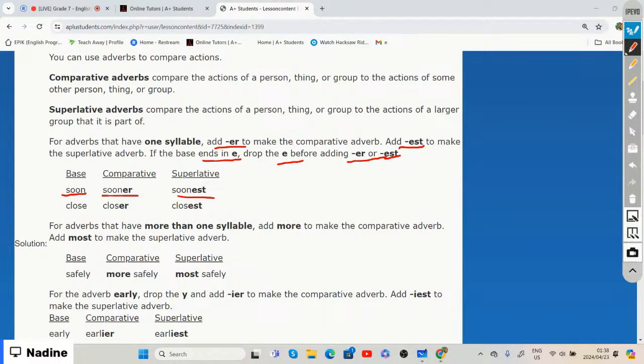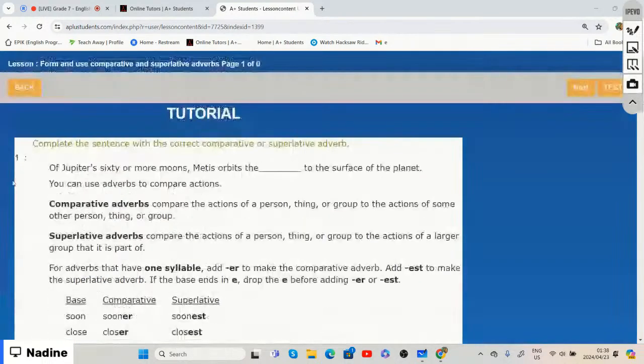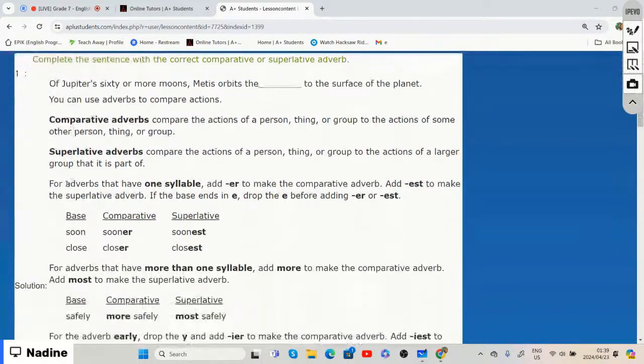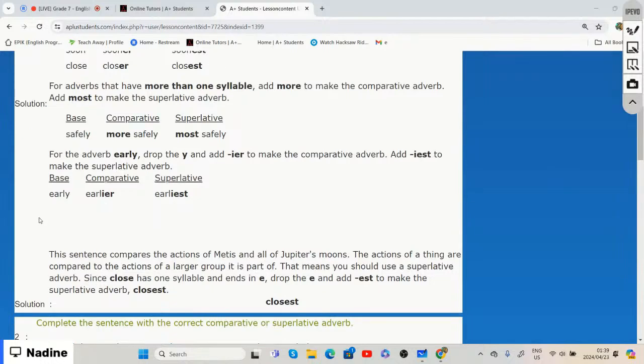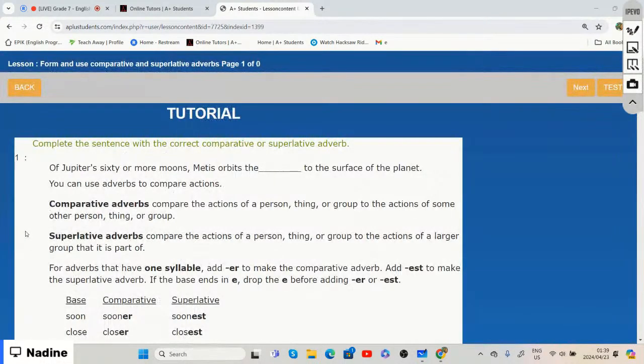All right. The others is basically when we are comparing, like, let's say more than one syllable, right? And then we use those specific words. All right, here it says, of Jupiter's six or more moons, Metis orbits the closest to the surface of the planet.